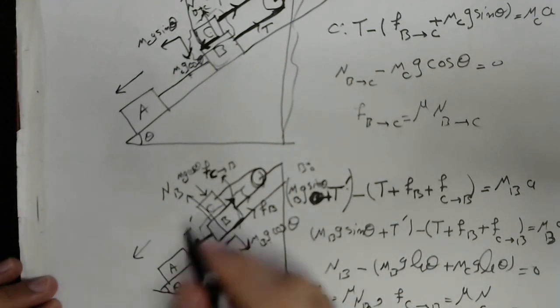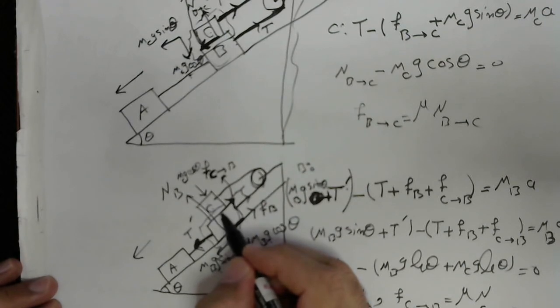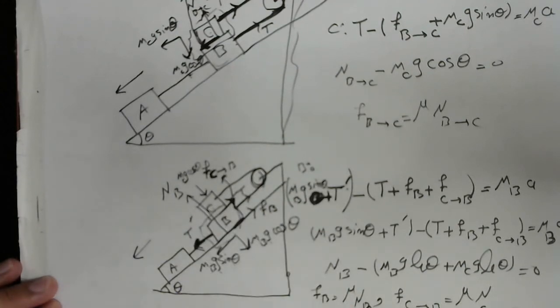So there is basically a pressing force here, which is mg cosine theta acting on here, and that will define the frictional force between C and B, and you have it here basically. So these two frictional forces can be calculated.